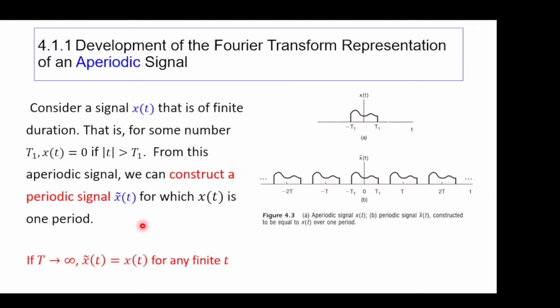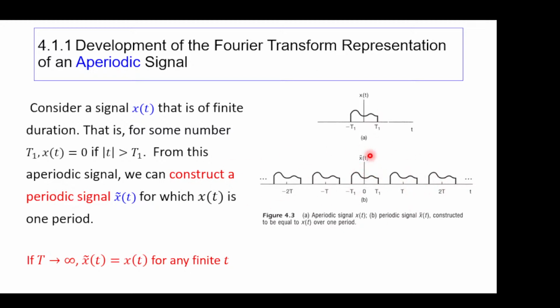Now there are quite a few functions, so it takes some time to remember them. You start with a function x of t, and you repeat it with some T bigger than 2T1, and you get a periodic function x tilde of t. So from every x of t, you can get the x tilde of t. That's pretty easy.